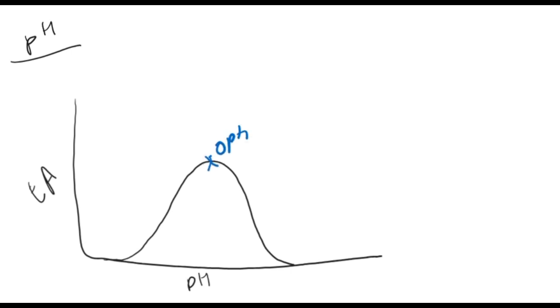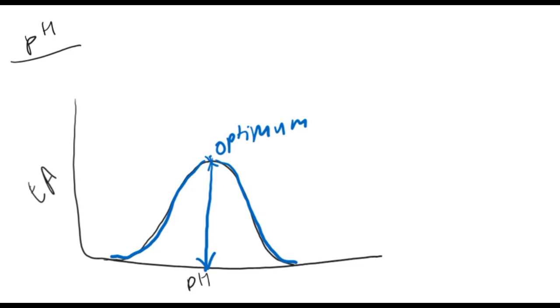And over here is the optimum. In this case, unless the enzyme is constantly at this pH, it will be denatured. Anything too low, anything too high, it's too acidic or too basic. And that's because of the ions.